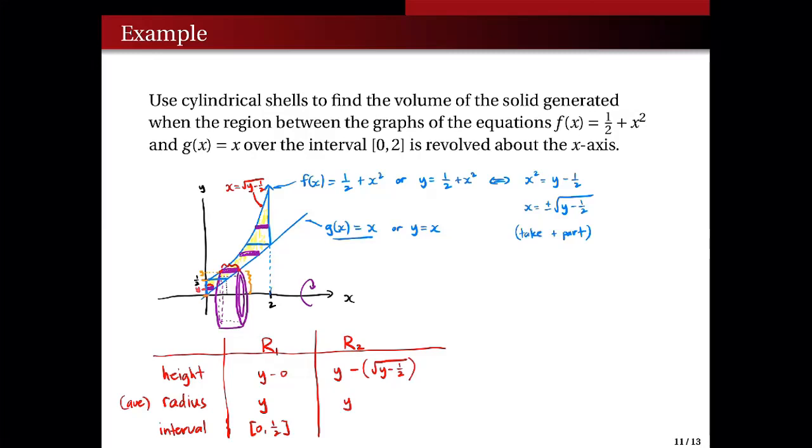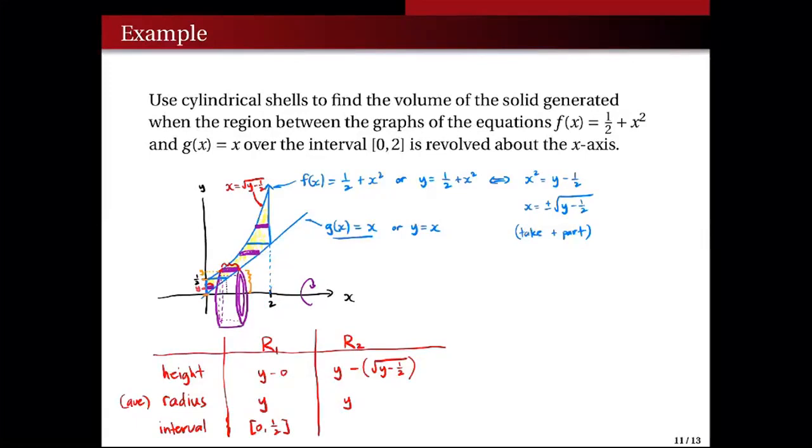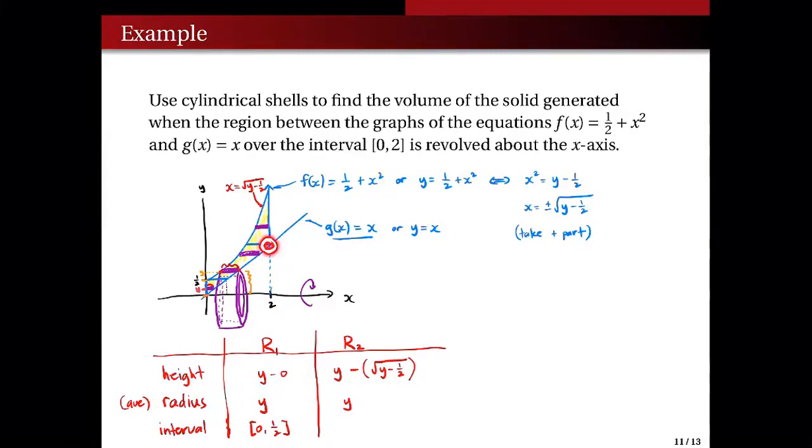If this guy here was 2, this point here will have y coordinate also equal to 2, because y equals x. The x coordinate here is 2, but y equals x, so the y coordinate is also 2. Which means the interval will be from 1 half up to 2.